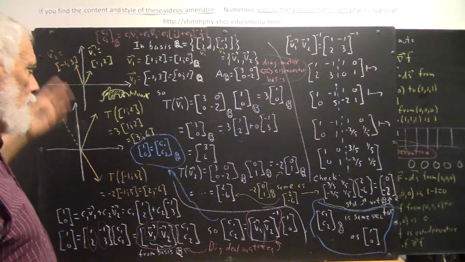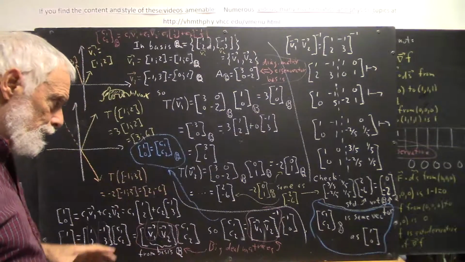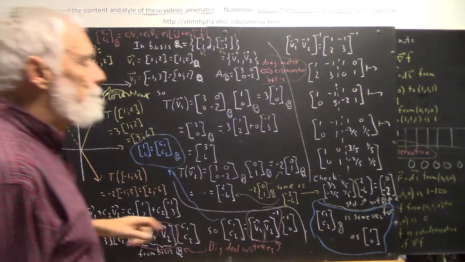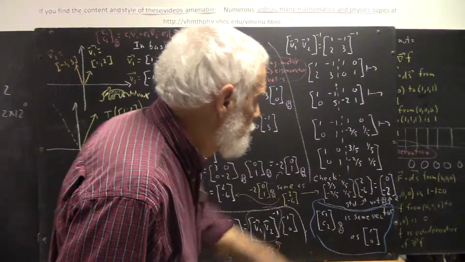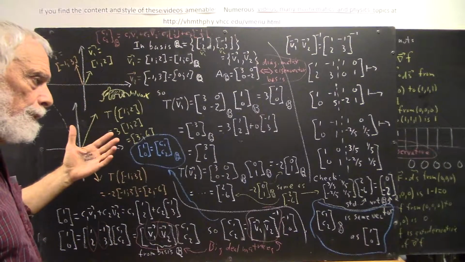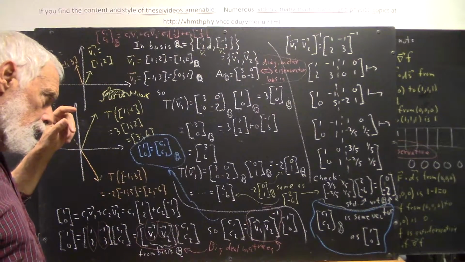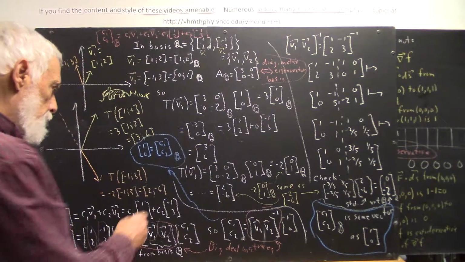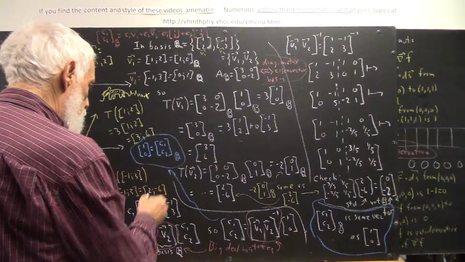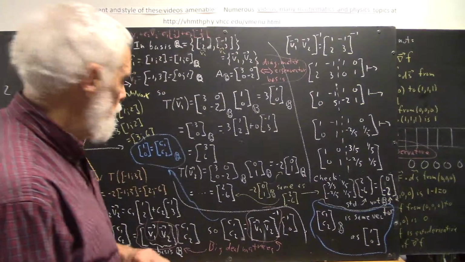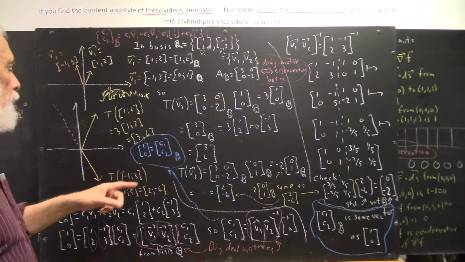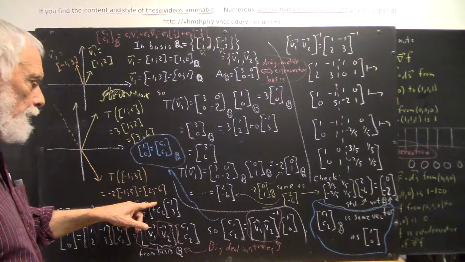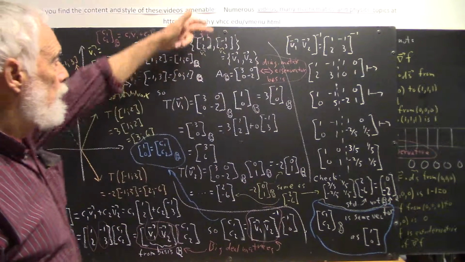Okay, well, I'm sorry, I didn't say that right. If I multiply 2, negative 6, which is our R2 representation of this vector, I'm going to get the expression of this vector relative to this basis.